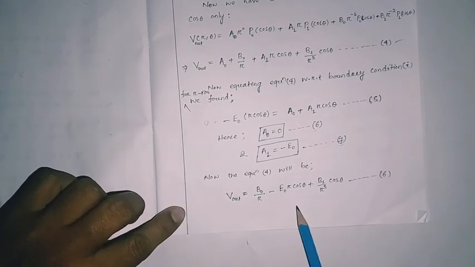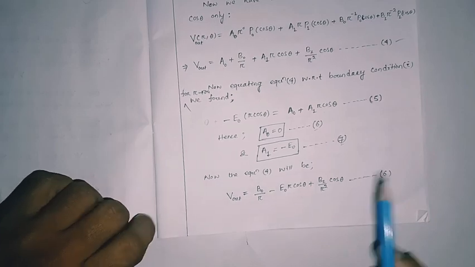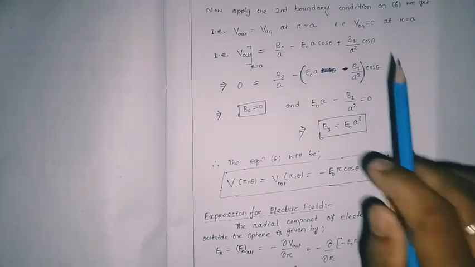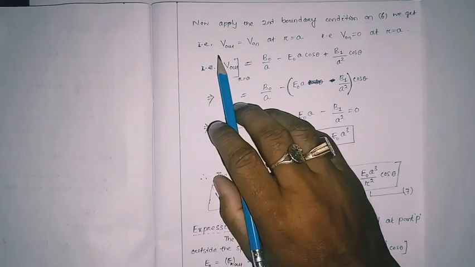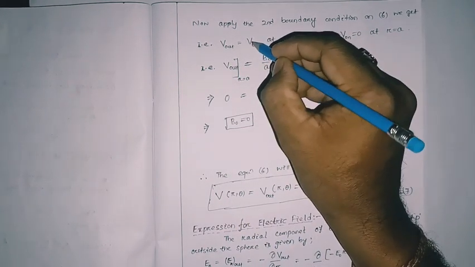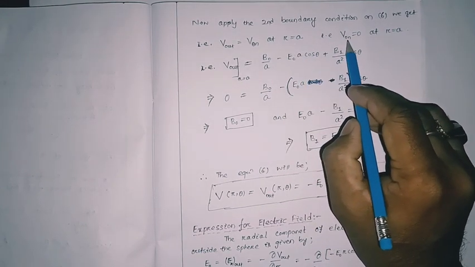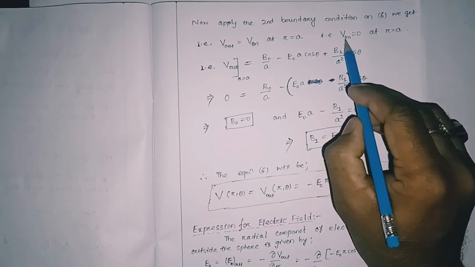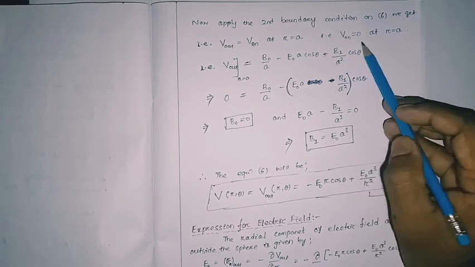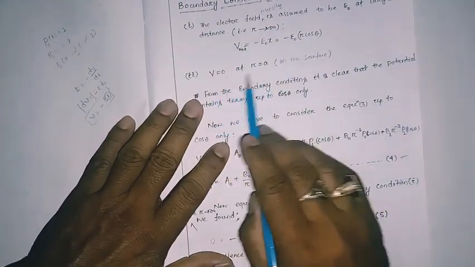We are going to consider this general solution and apply boundary condition 2. The boundary condition 2 is nothing but v out on the sphere equal to v on the surface, at r equal to a. Here v on means on the surface of the sphere, equal to 0 at r equal to a. This is the second boundary condition.